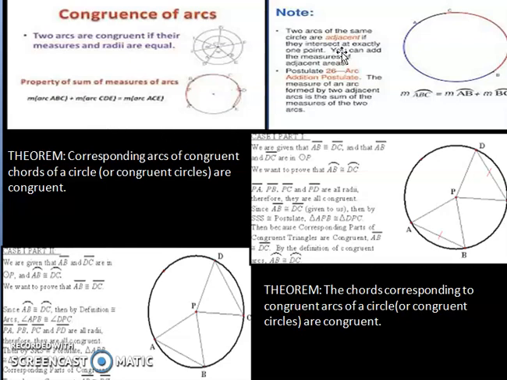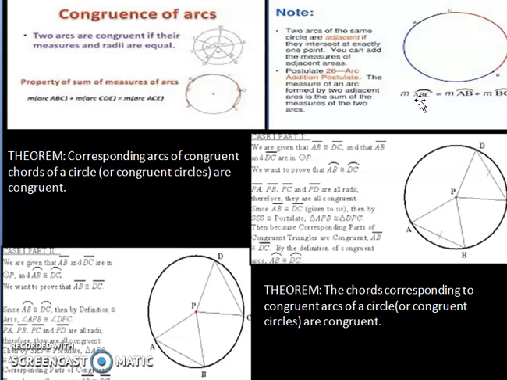Some few notes. Two arcs of the same circle are adjacent if they intersect at exactly one point. You can add the measures of adjacent arcs, like the addition postulate we learned in the 9th standard. The measure of an arc formed by two adjacent arcs is the sum of the measures of the two arcs.